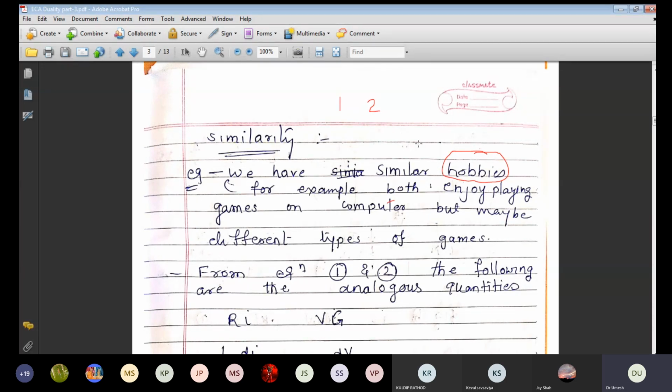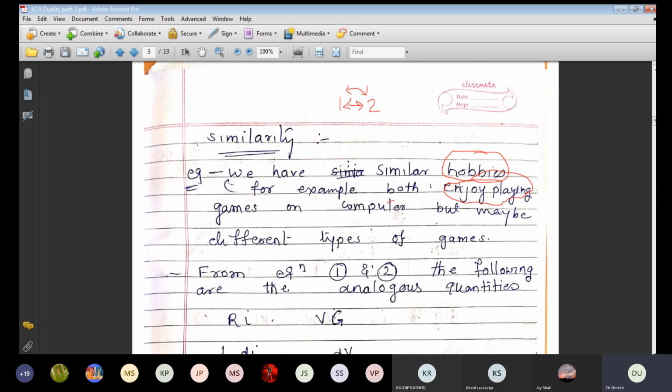The format can be the same, one may be playing PUBG, the other some other game, but both are enjoying the game on the computer. That enjoying the game on the computer is the format. So I can say both are dual in terms of enjoying the game on the computer. Suppose that means 1 and 2 are dual with each other.